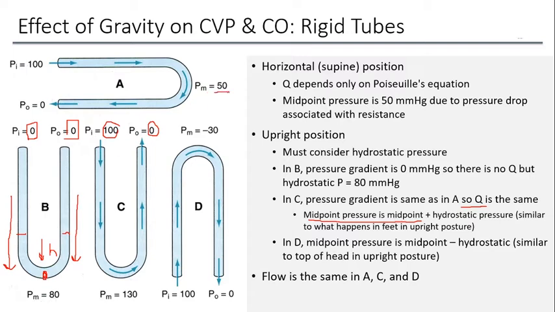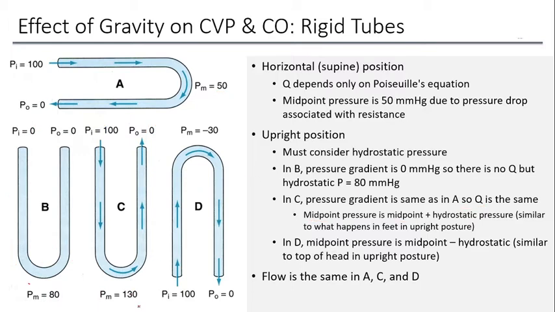So we're adding to that same midpoint pressure that we see in A, but now since we're in the upright position and hydrostatic pressure will act upon this tubing, we're going to see 50 plus 80, a midpoint pressure of 130.